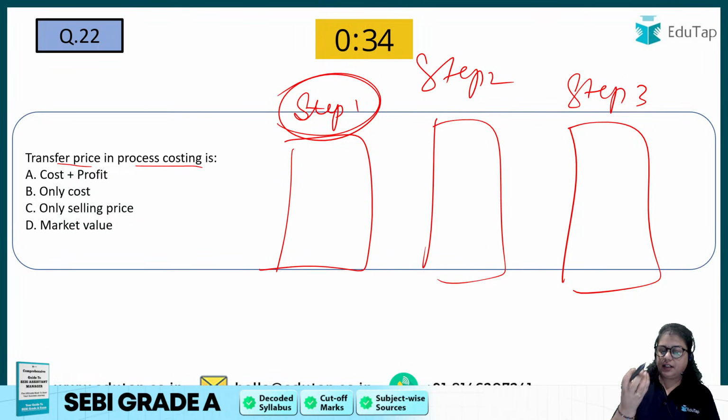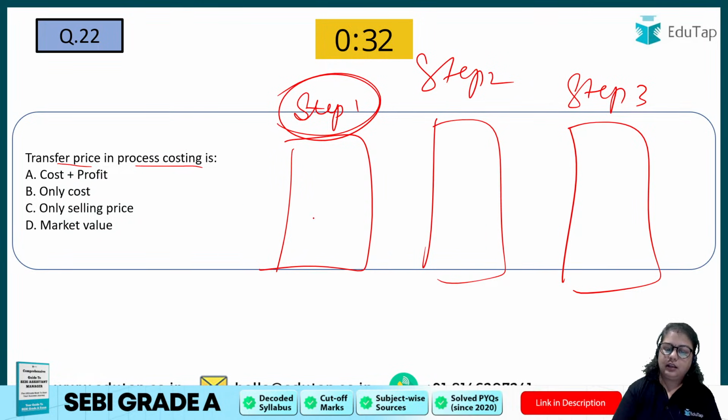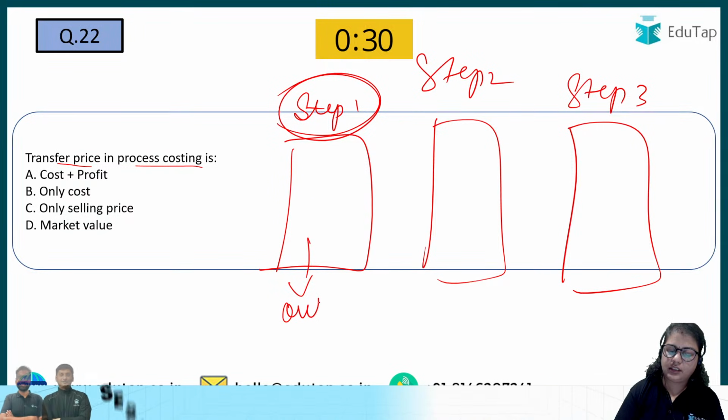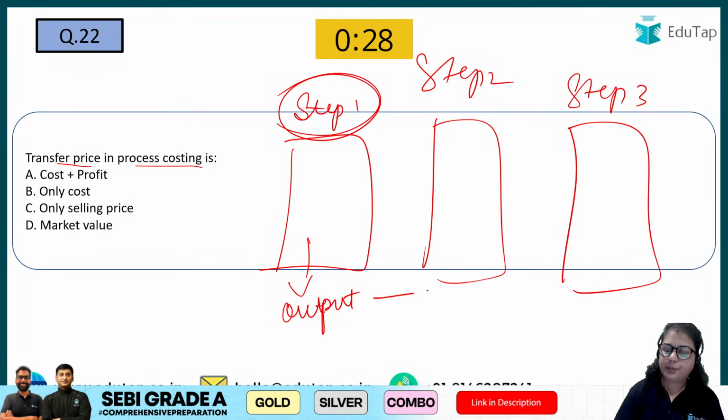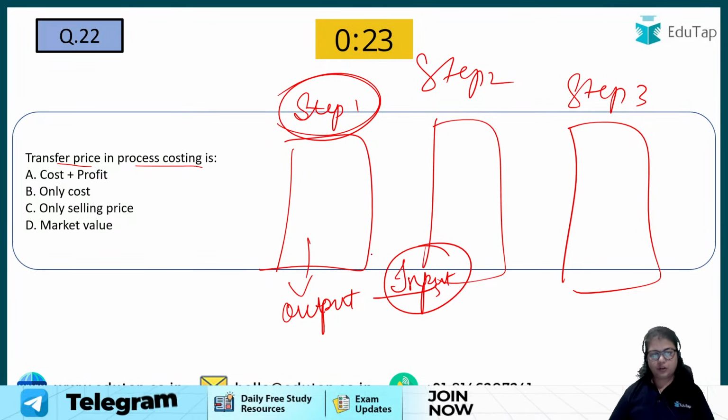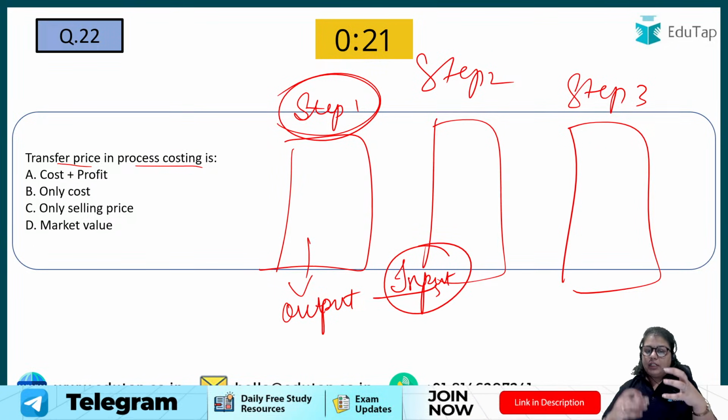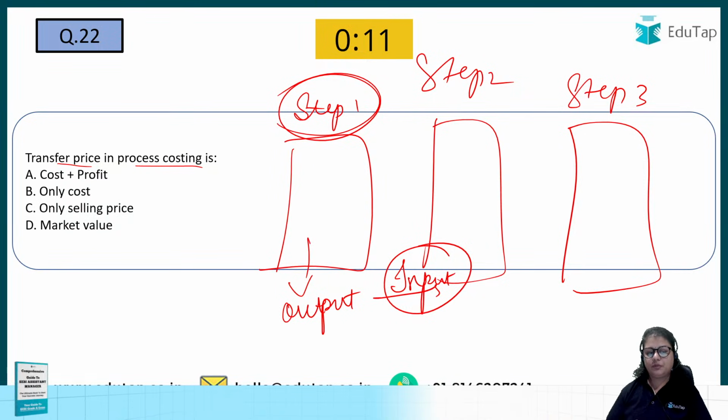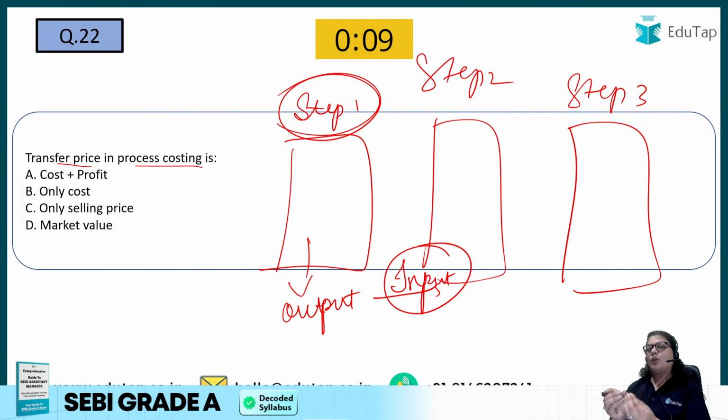Whatever is generated in step 1, whatever is the output, becomes the input for step 2. So will we transfer the output from step 1 at the same price in step 2? No. Sometimes what we do, we will add some profit to it.